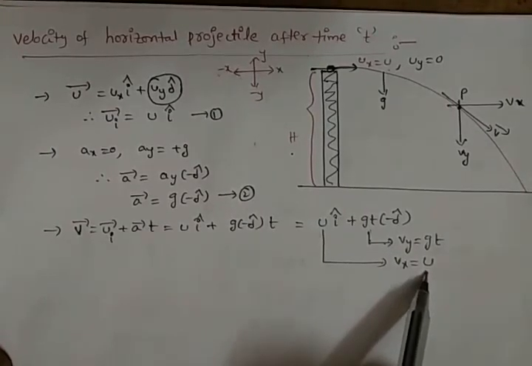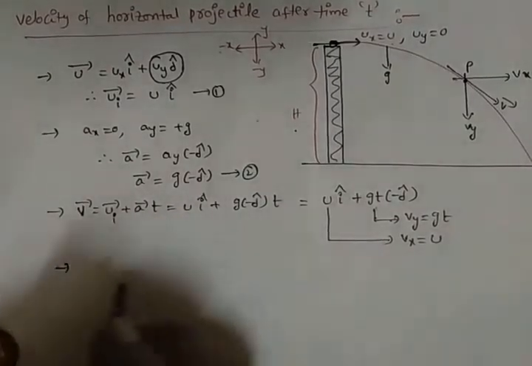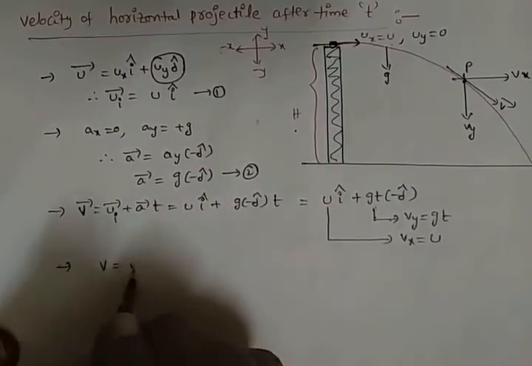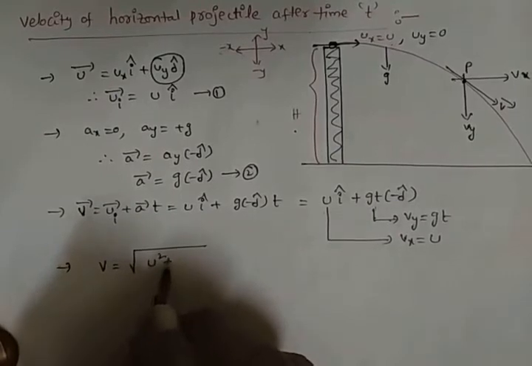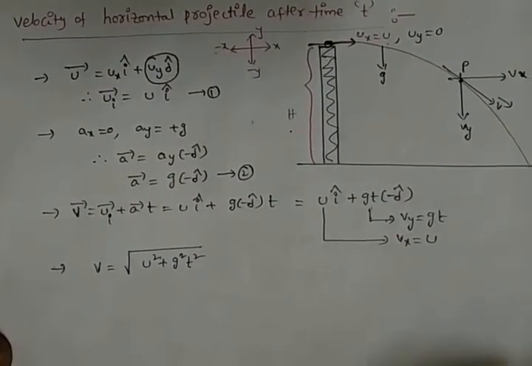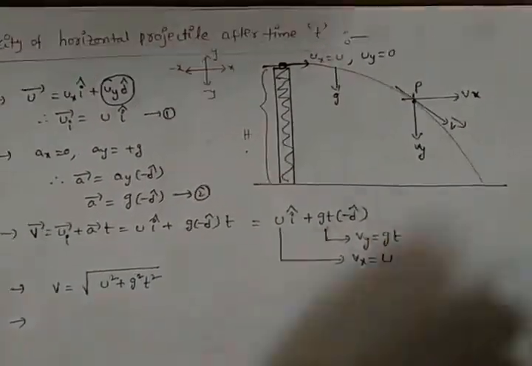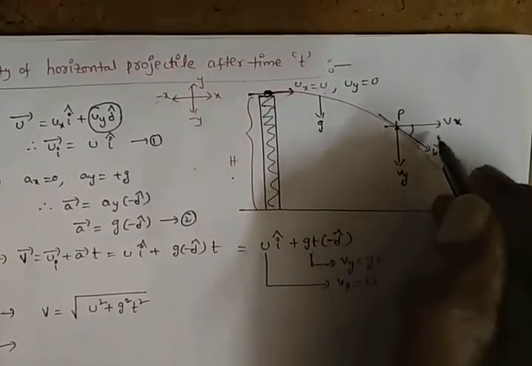So from this equation we measure the magnitude of velocity, which is given by v is equal to square root of u square plus g square t square. And also we measure the direction of velocity with horizontal.